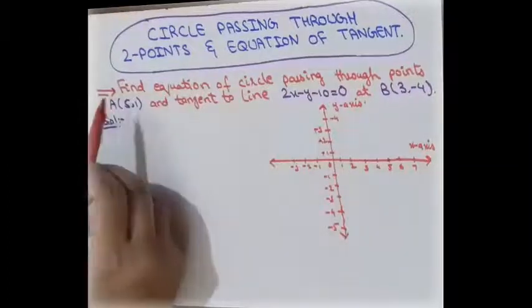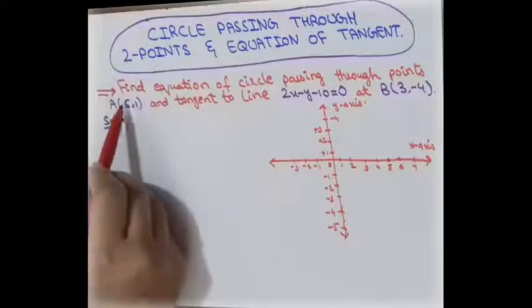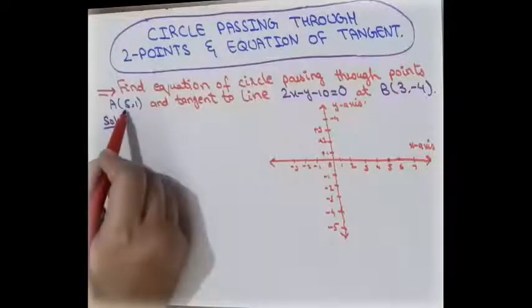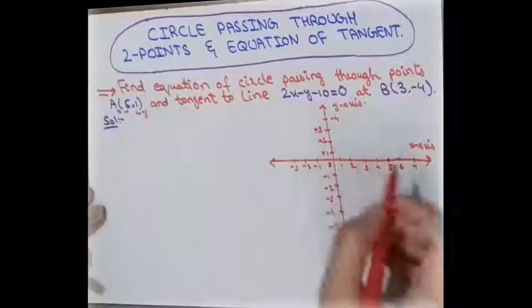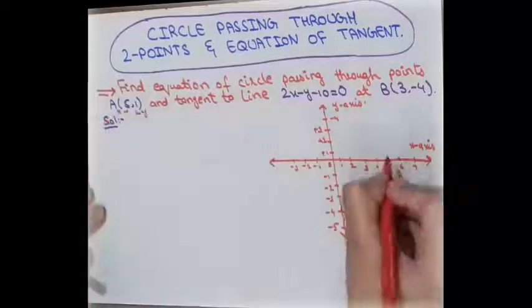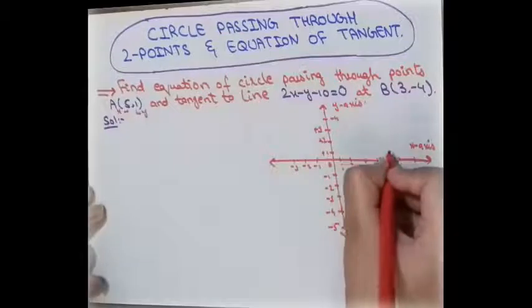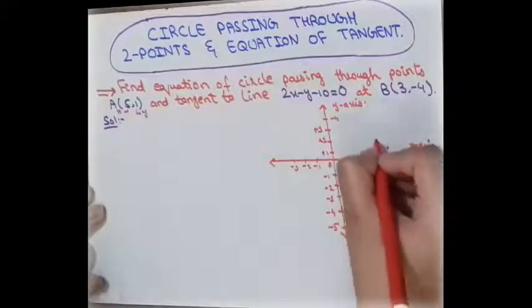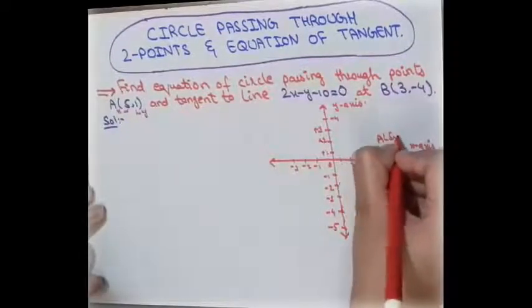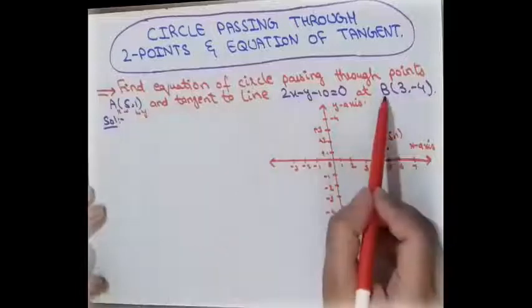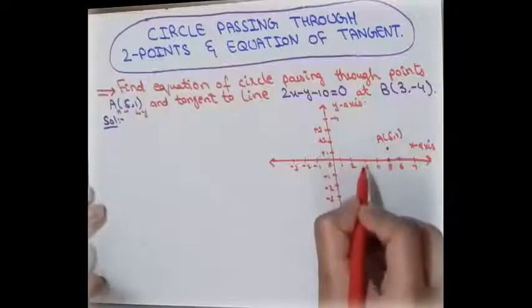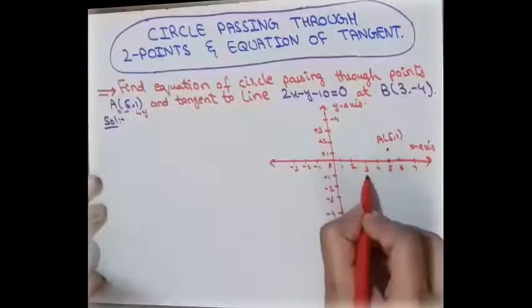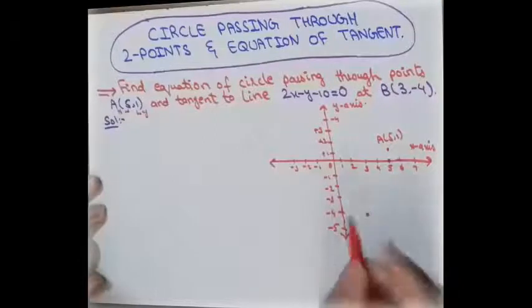As the first point, A, is (5, 1), as we already discussed, the first is the x coordinate and the second is the y coordinate. So in the x coordinate the value is 5 and in the y coordinate the value is positive 1. Here is point A, meaning (5, 1), and the other given point is (3, -4), meaning in the x-axis the value is 3 and in the y-axis the value is -4, which is here.